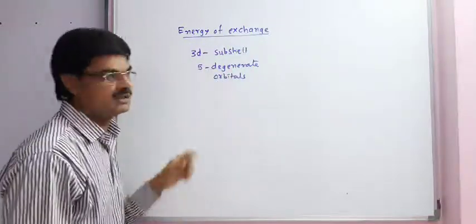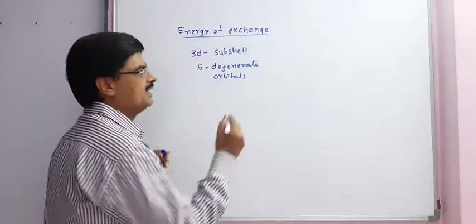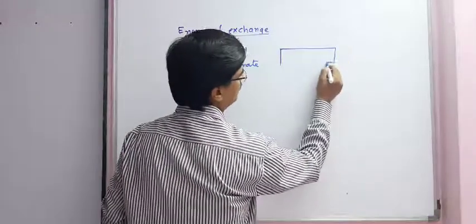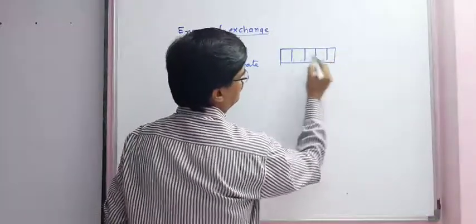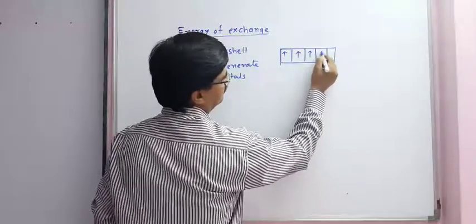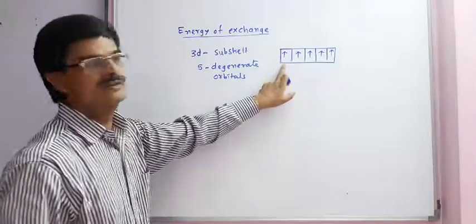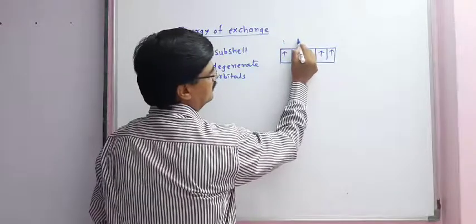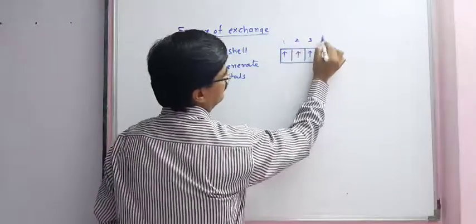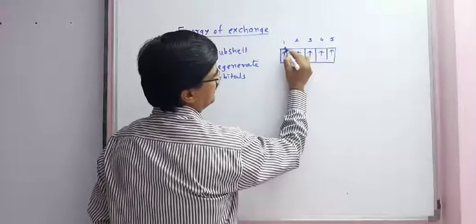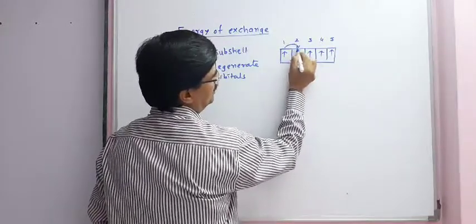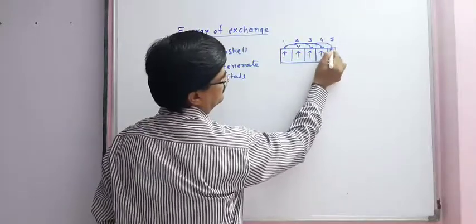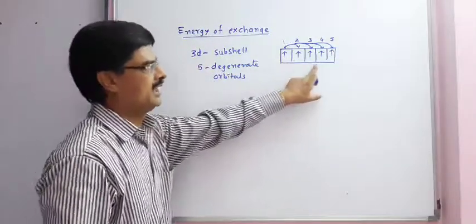Let us understand the exchange by drawing the diagram of 5 degenerate orbitals. Here we have the 5 d orbitals. Let us understand the exchange. Electrons 1, 2, 3, 4 and 5. First, for electron number 1, total exchanges are possible.